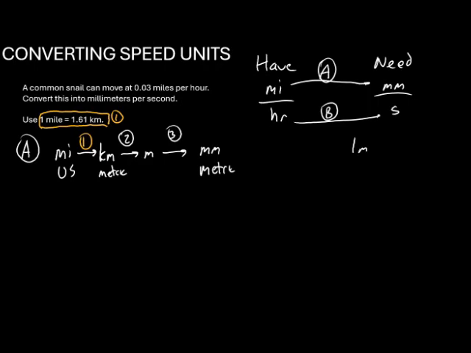We know 1 meter is the same as 1,000 millimeters, because every one of the base unit in the metric system is 1,000 of the milli version of the base unit. Similarly, 1 kilometer is 1,000 of the base unit. Therefore, kilometers to meters will be my second step. I'll label that with a 2. And then meters to millimeters, I've labeled as step 3. We'll label that with a 3.